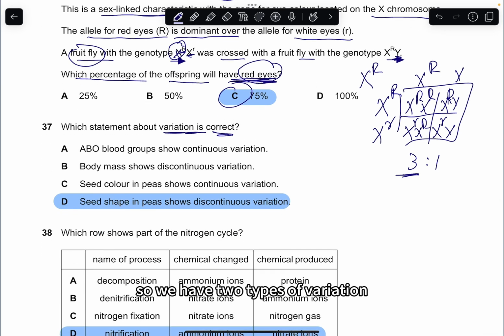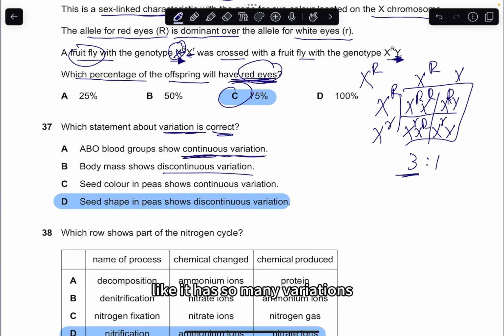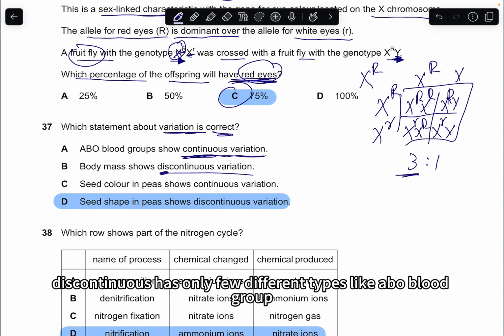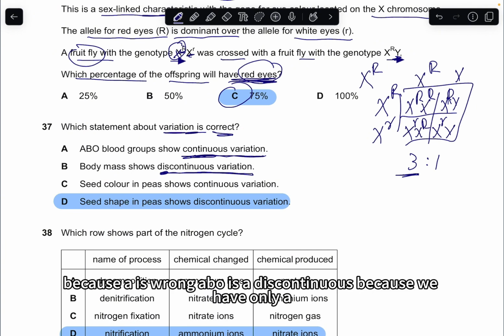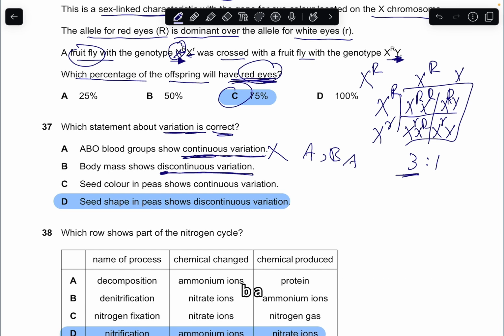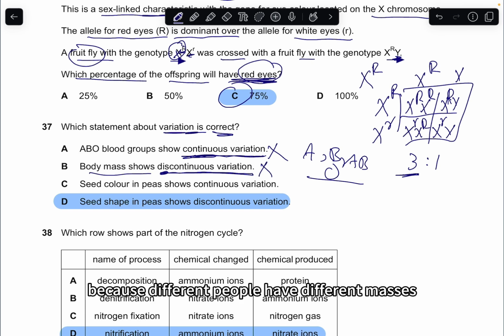Which statement about variation is correct? So we have two types of variation: continuous and discontinuous. Continuous has many types, so it has so many variations. Discontinuous has only a few different types, like the ABO blood group. So our answer is D, because A is wrong. ABO is discontinuous because we have only A, B, AB and O, so there are only 4. Body mass is a continuous variation because different people have different masses.